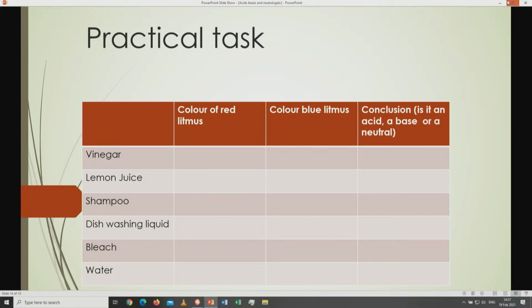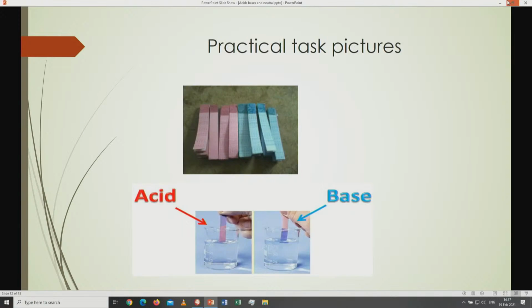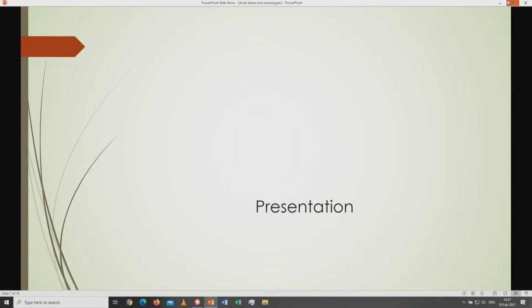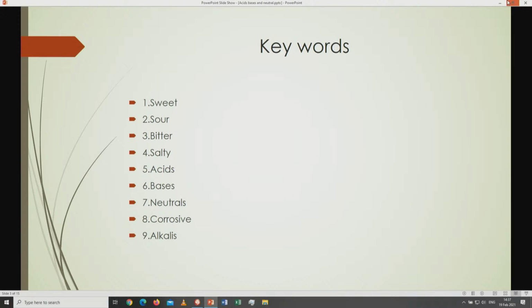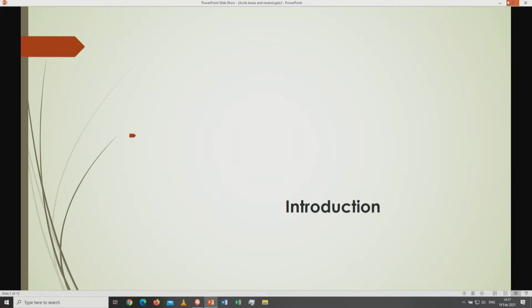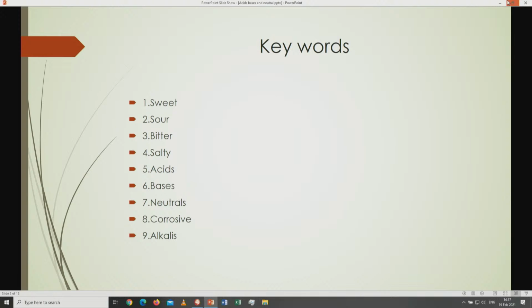Good. Let me go back and quickly summarize what I've said today. I said we got our key words that we need to know and understand.